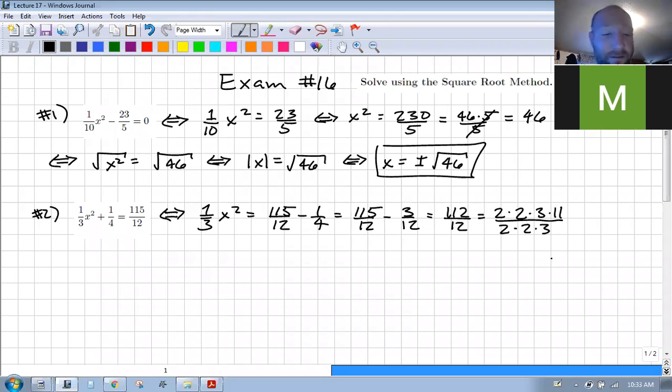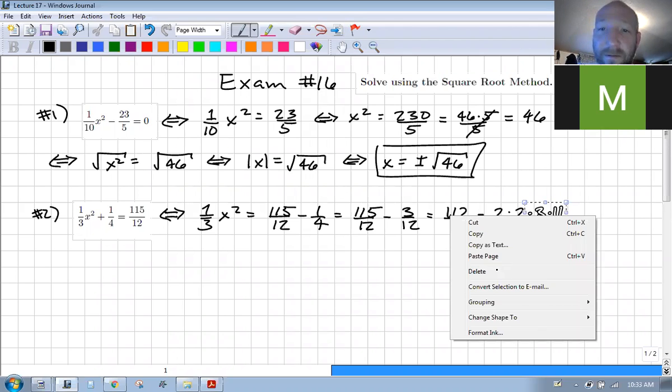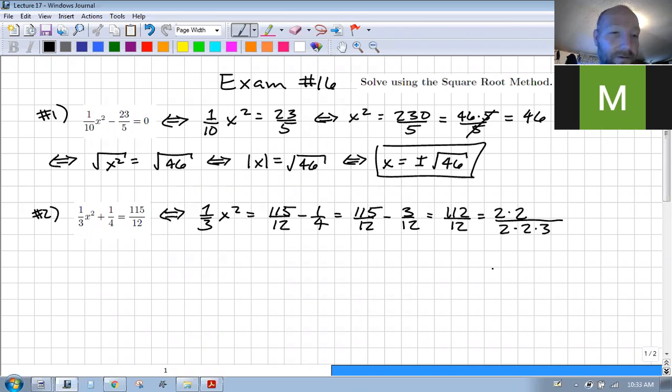All right, that can't be right. 112 divided by 2 is 56, divided by 2 is 28, divided by 2 is 14. There, I think that's right. 2 times 2 times 2 times 2 times 7. Yeah, it's 112. So we can do this.